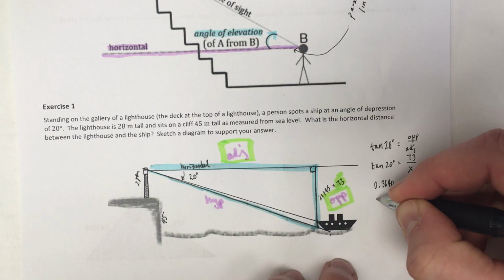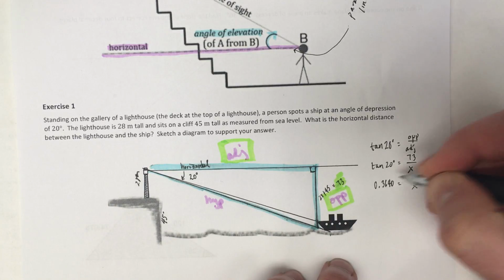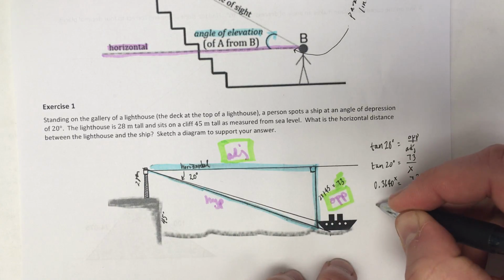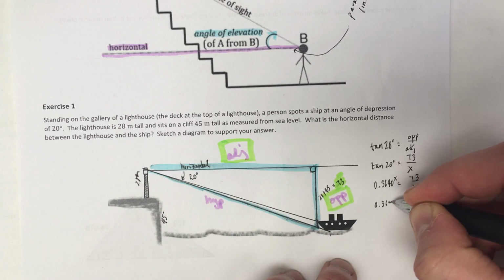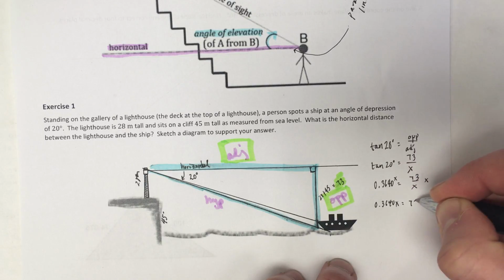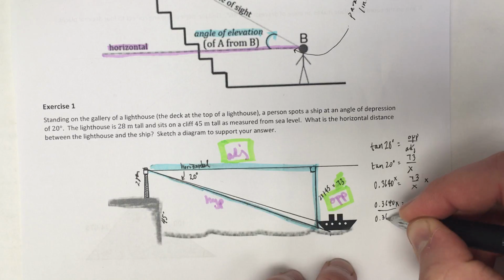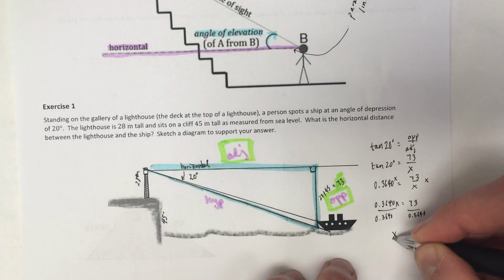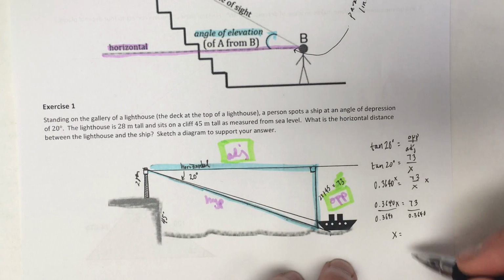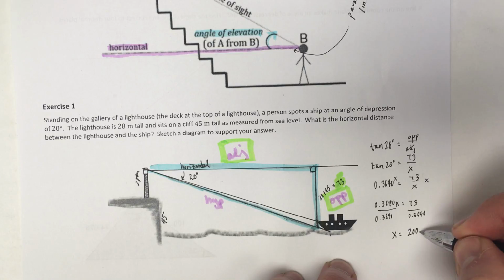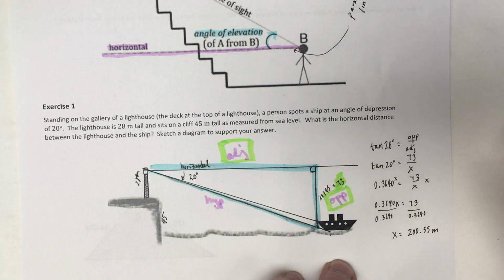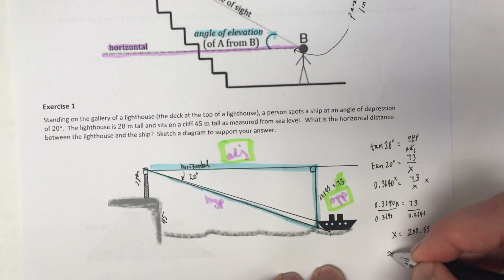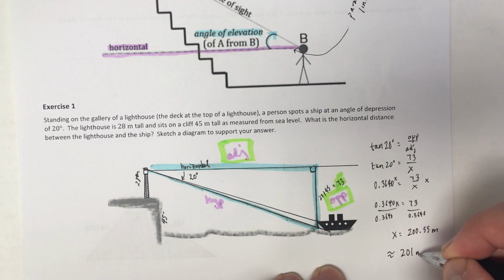So 0.3640 equals 73 over x. Then you can multiply both sides by x, so 0.3640x equals 73. Divide by 0.3640, and x is equal to, again using the calculator, 200.55 meters, which is approximately 201 meters.